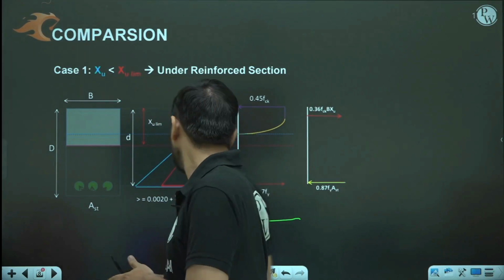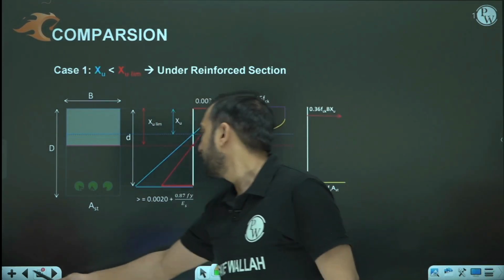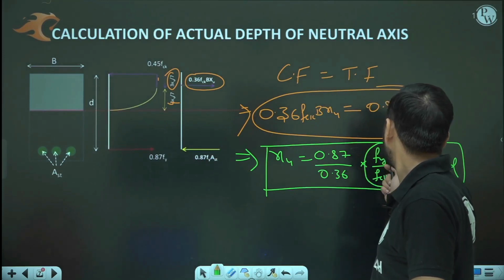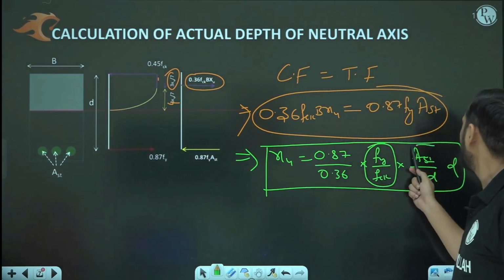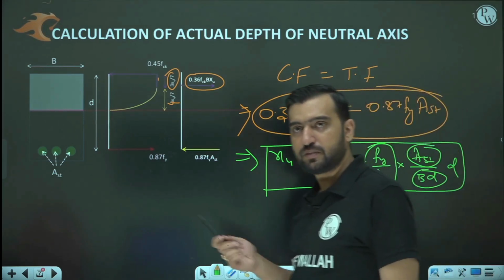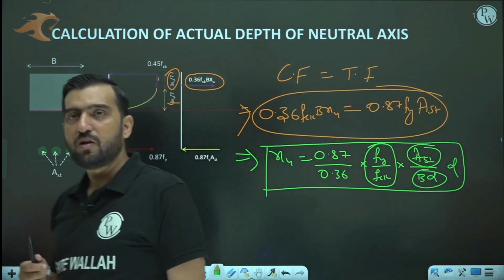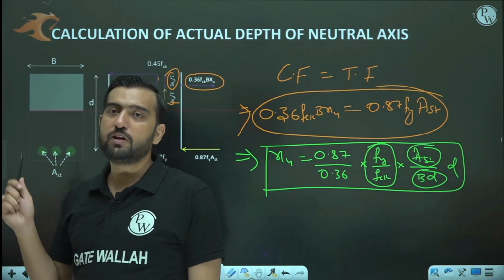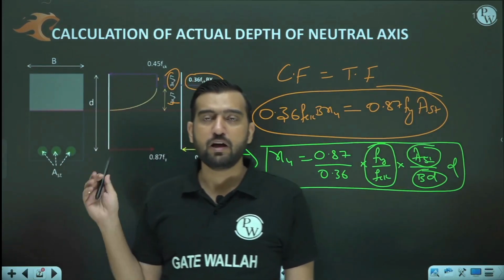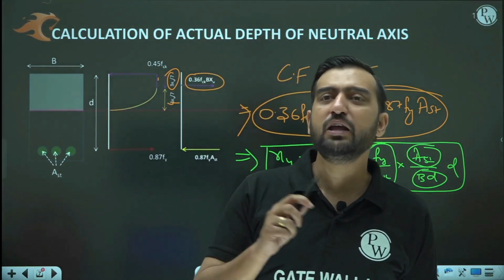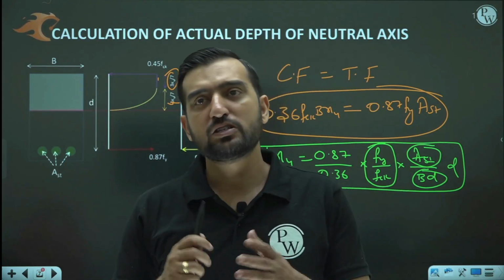It is based on the grade of steel, grade of concrete. It is based on the area of steel with respect to the effective cross section of the rectangular beam. Okay, so actual depth of neutral axis depends upon so many factors. Whereas you have seen that limiting depth of neutral axis is only going to depend upon the steel only.